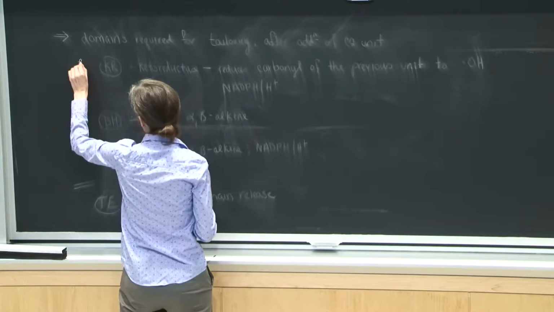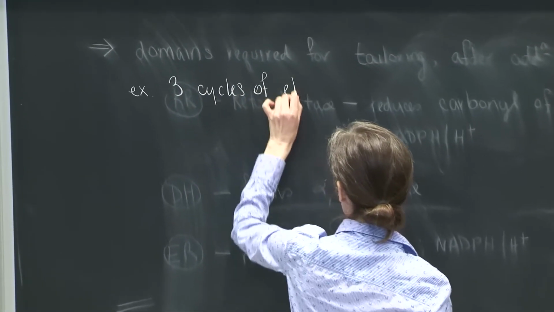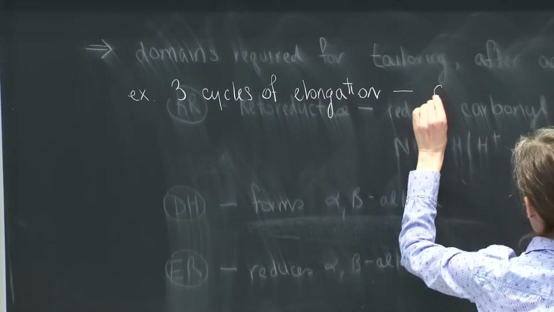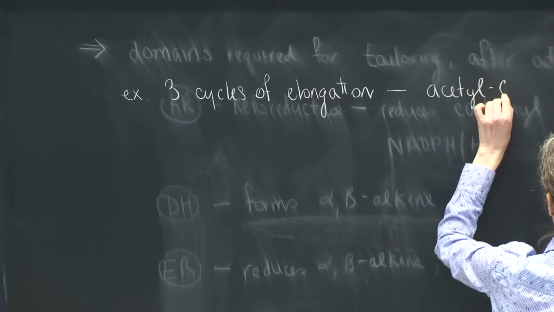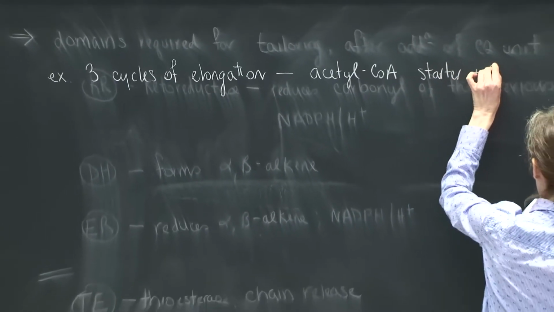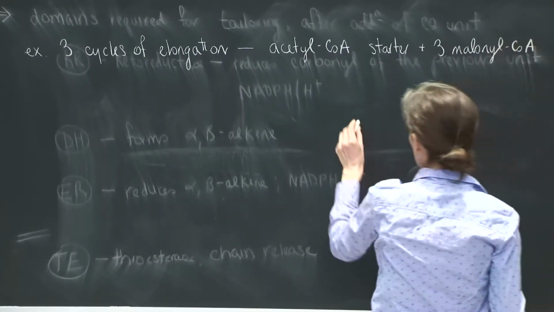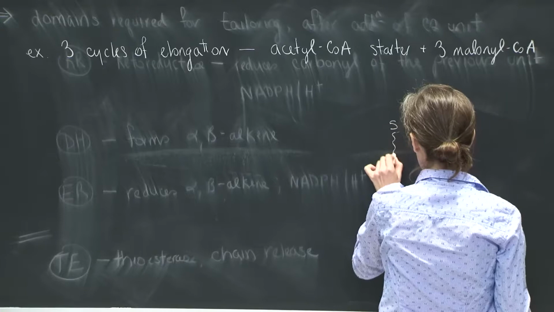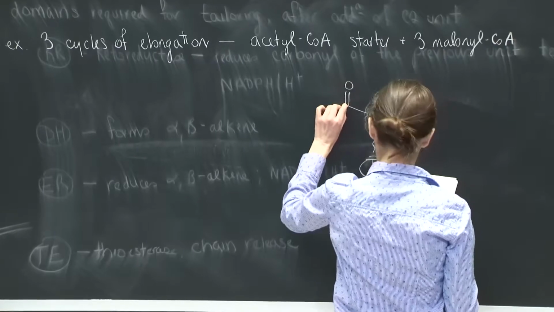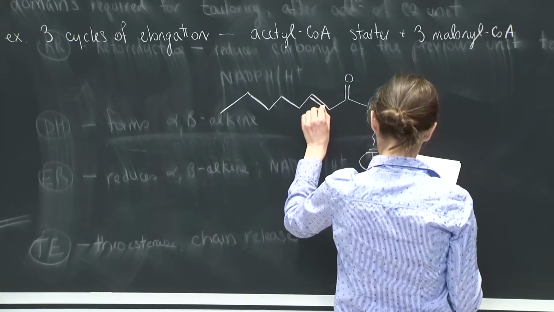So let's just take an example. If we have 3 cycles of elongation, and let's imagine we had an acetyl-CoA starter, okay, plus 3 malonyl-CoA. So what do we end up with? Let's imagine our chain looks like this.